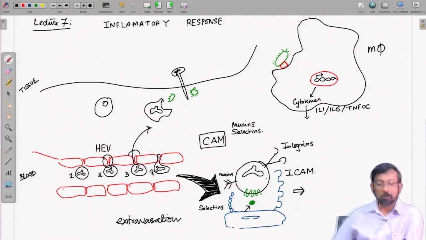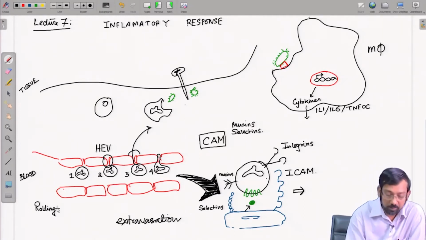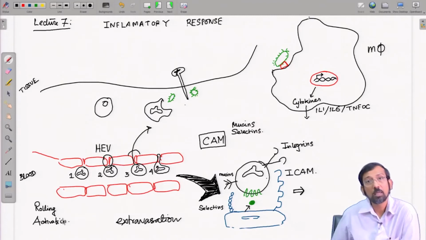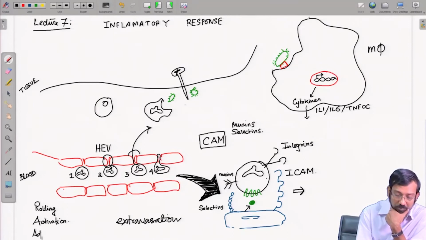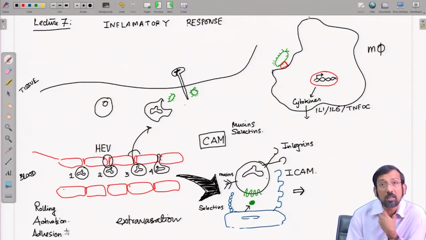The 4 different steps are: step 1 is known as rolling, then activation, then adhesion, and then finally transendothelial migration.